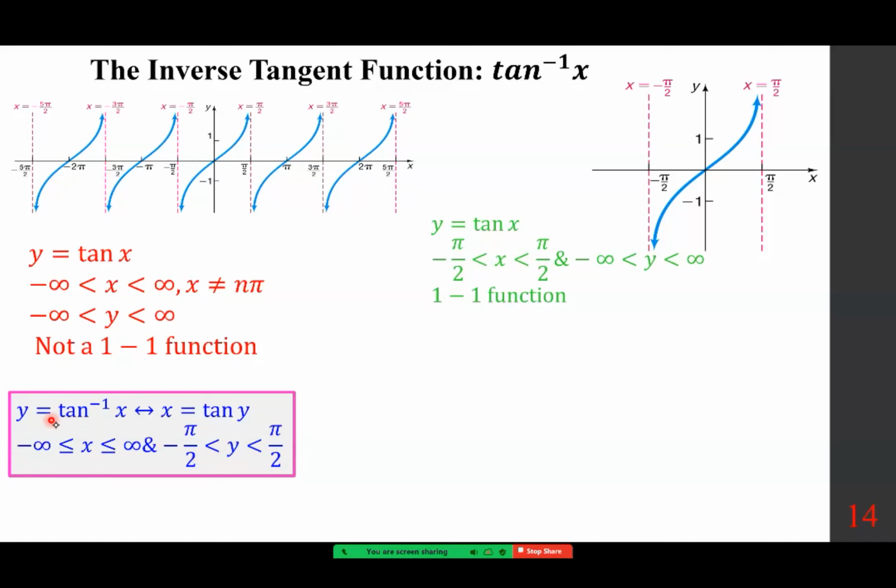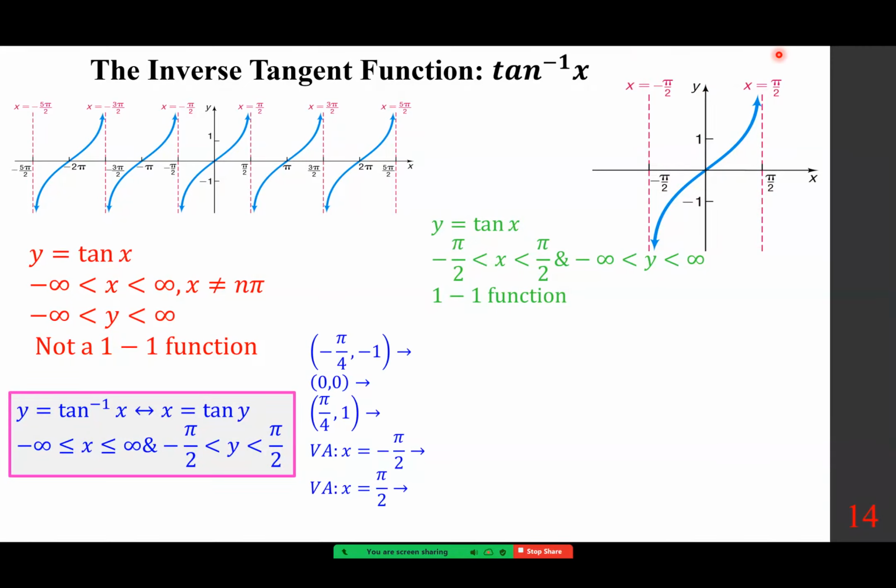So let's write a few interesting facts about tangent. For example, we know this is 0, 0. We know the famous points negative pi over 4, negative 1, and pi over 4, 1. The vertical asymptotes, for just one complete cycle, are x equals minus pi over 2 and x equals pi over 2. So that's what we have.